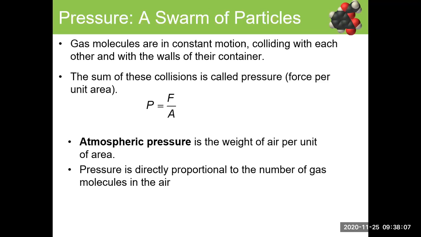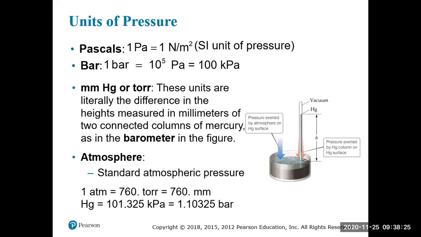So what we're really talking about with pressure is how many of those molecules are in a defined area. In some ways, it's kind of similar to density. You can think of it that way. Not exactly the same, but it's kind of the same idea.